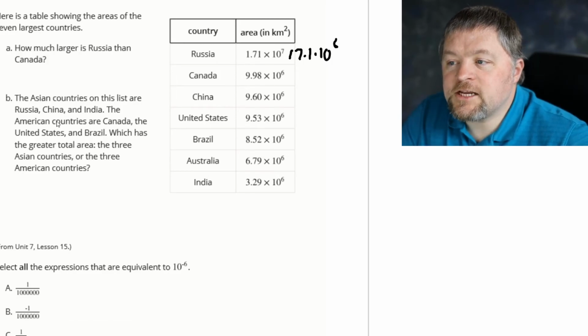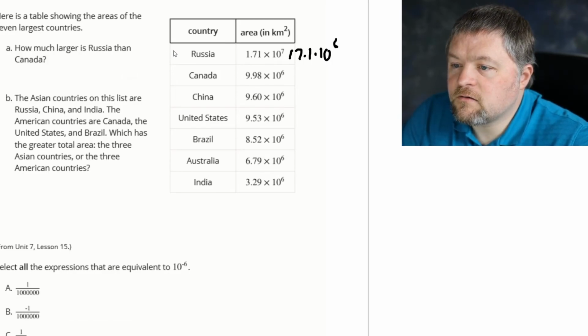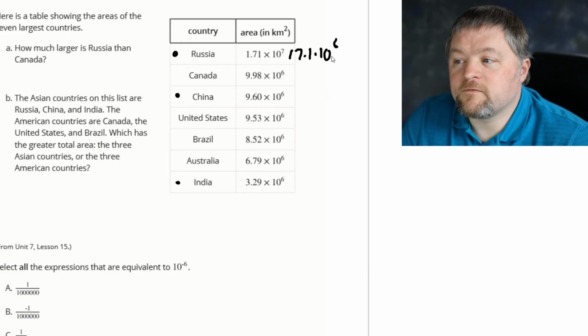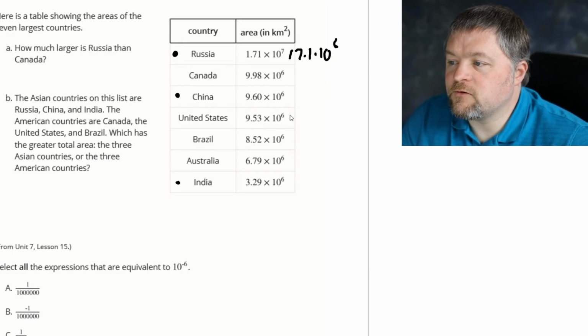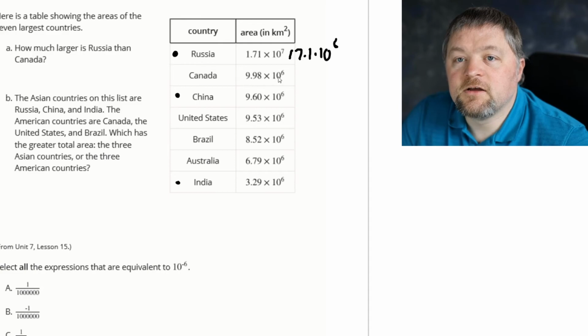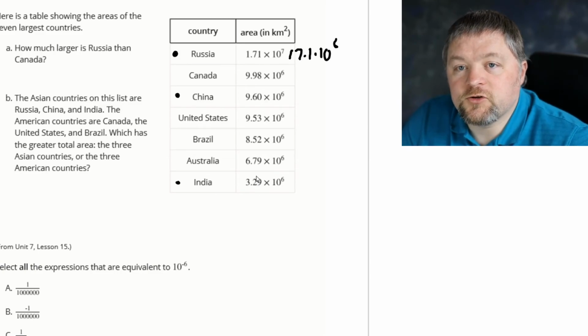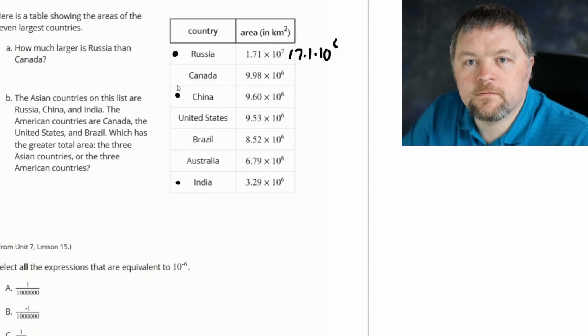So, the Asian countries are Russia, China, and India. Because all of these now have a number we can use where it is 10 to the power of 6, we just have to add the first term. 17.1 plus 9.6 plus 3.29, which is 29.99.